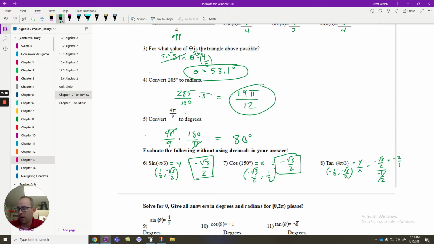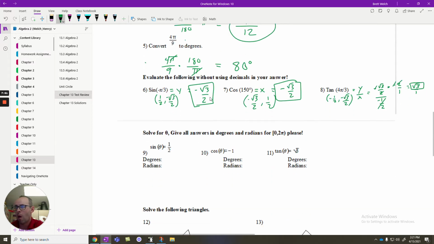That gets rid of the denominator. A couple things. The 2 will always reduce with the 2, and a negative with a negative, those cancel, leaving me with a positive root 3. It is over a 1, but I don't really need the 1, so you could just have root 3 as your answer. Again, we're pulling that information from the circle.